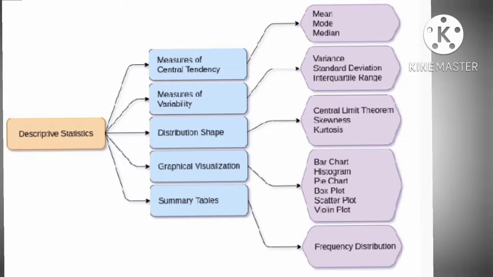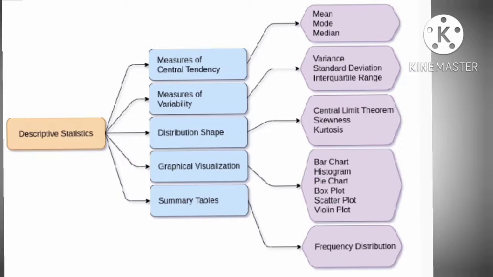Then we have graphical visualization. Graphical visualization deals with when we have bar charts, histogram, pie charts, box plot, scatter plot, and violin plot. And the last one, we have the summary table. That's the frequency distribution.